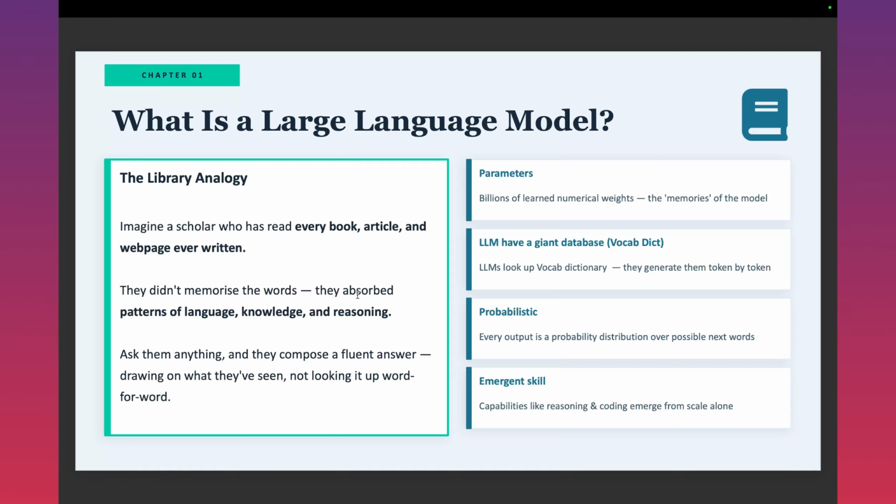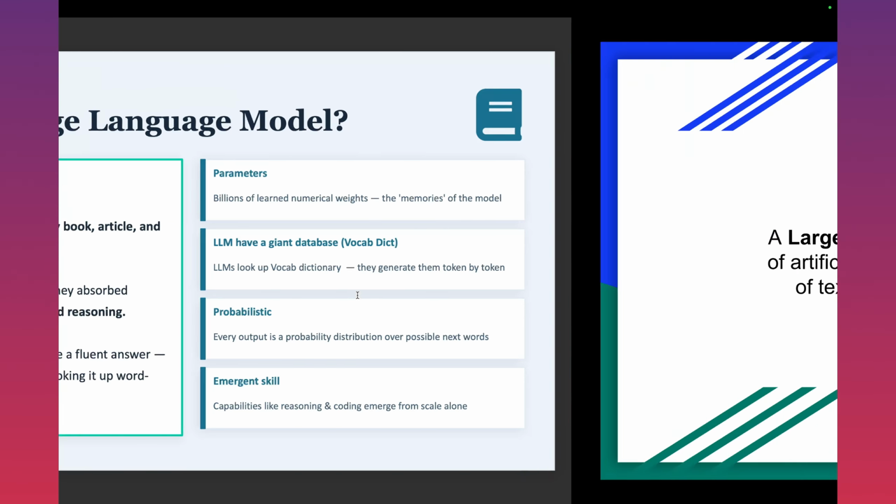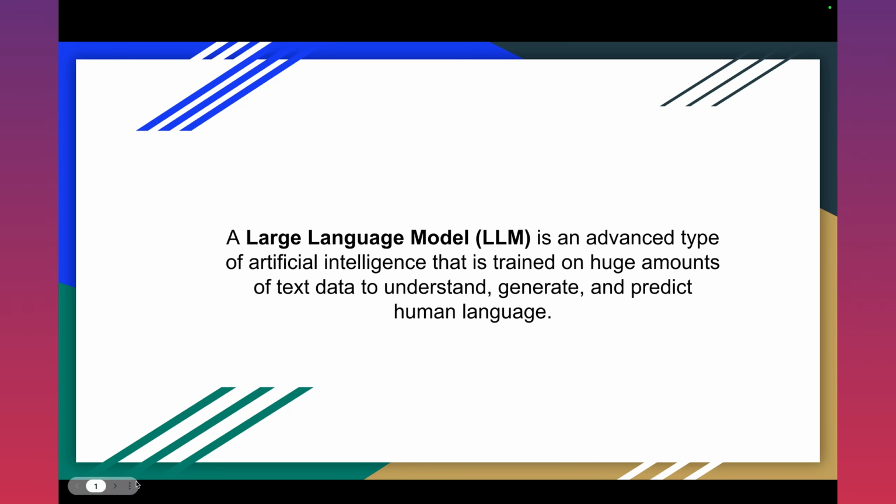On a very similar basis, a large language model also works. In a nutshell, a large language model is an advanced type of artificial intelligence that is trained on huge amounts of text data to understand, generate and predict human language. If you remember, in our ML fundamentals, Harish has already explained what a model is and how we train a machine learning model.